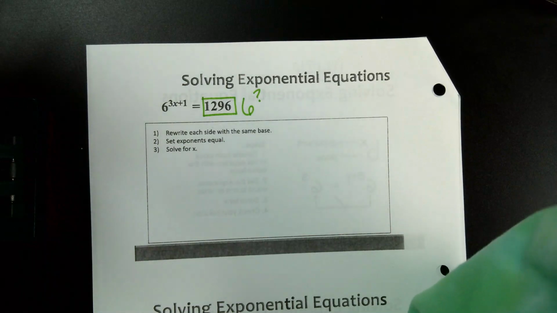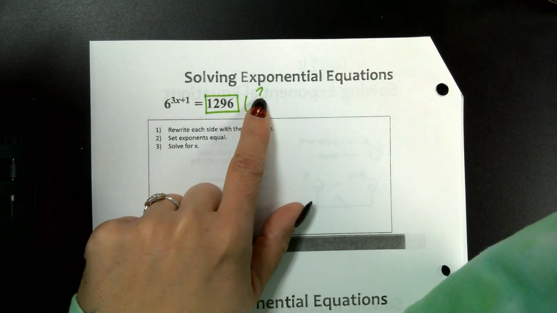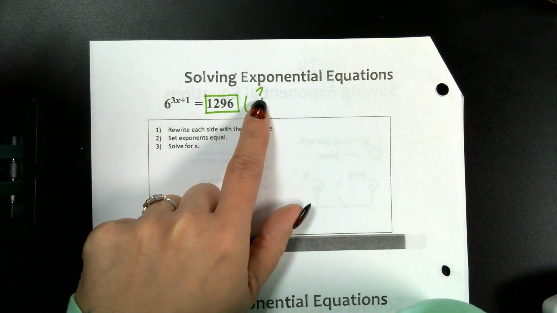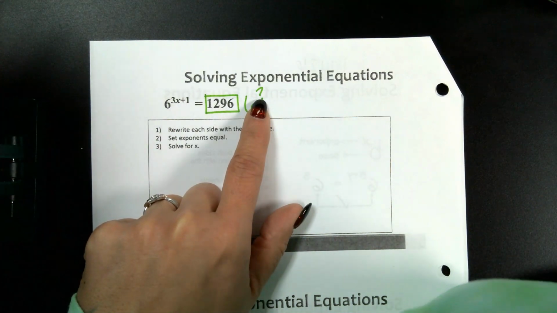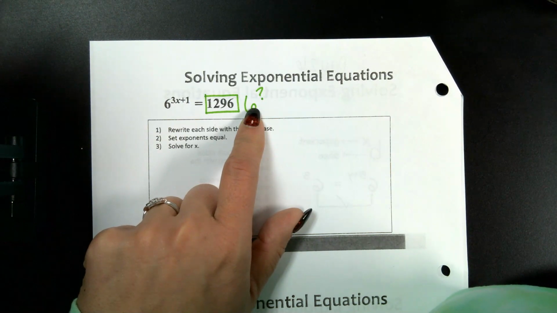You know that 6 to the first would be 6, and 6 squared is 36, right? So I would just expect you to pick up your calculator, type in 6, hit the caret button, and then try 3. Okay, just hit the up arrow, change that 3 to a 4.